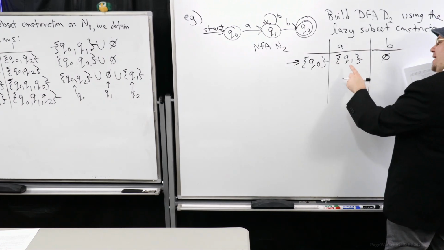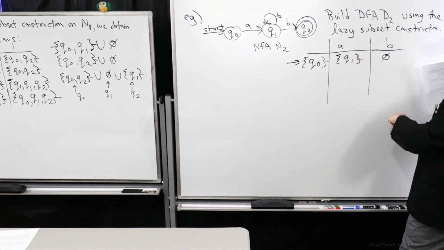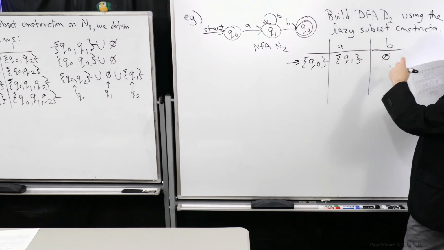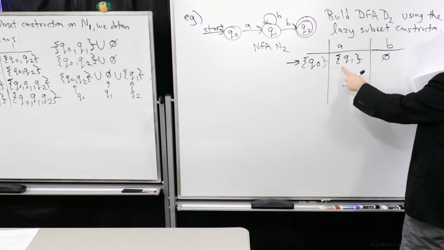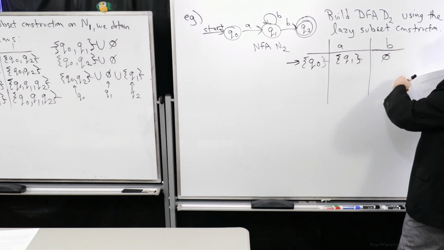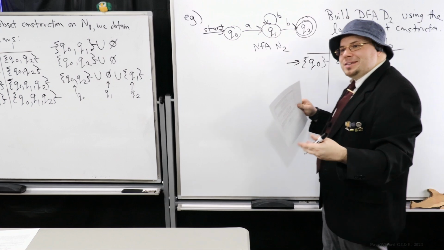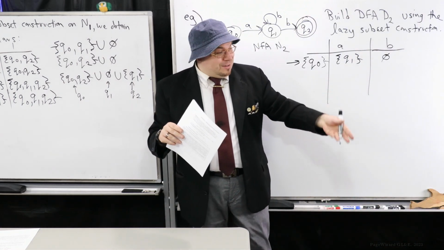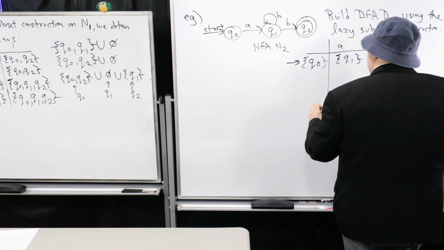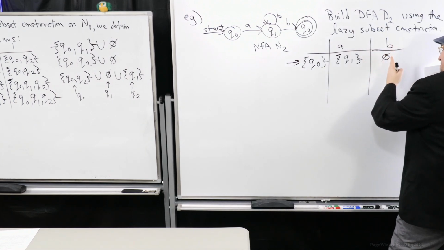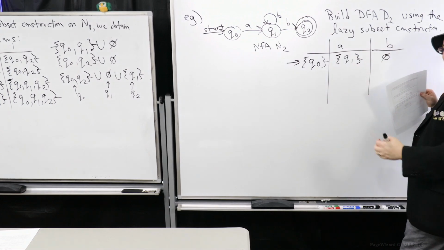So now I've discovered this state and I've discovered this state, or subsets. I've discovered these two. However, they don't have rows, so I'm going to examine this one first because I discovered that one first, then I'm going to do this one next. Notice that as long as you do it in an order for which it's easy to keep track of, you're okay. So you can imagine like you evaluated B first versus A, doesn't matter.